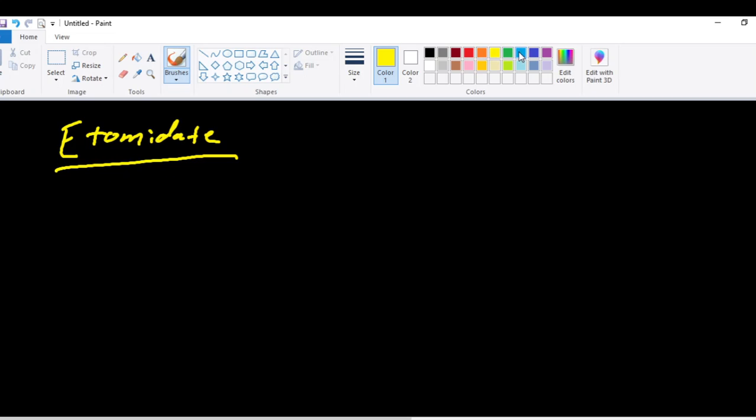So keeping with that format, Etomidate acts on the GABA A receptor. Remember, just like propofol, and I'm drawing here our GABA A receptor.